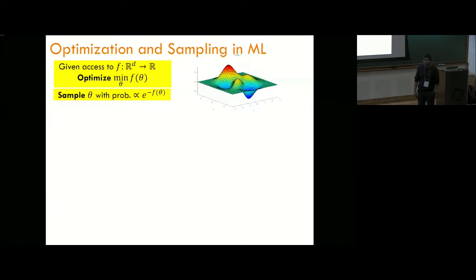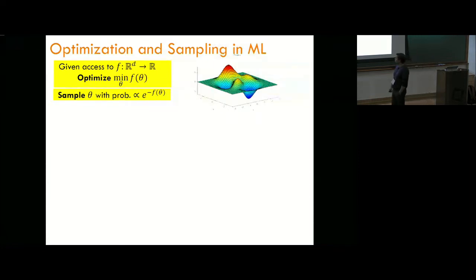A related sampling setting is the following: instead of finding the theta which minimizes the value of this function, you look at the density function in this space R^d corresponding to this function. So if you look at f, you look at e to the minus f, this gives rise to a measure at each point in R^d.